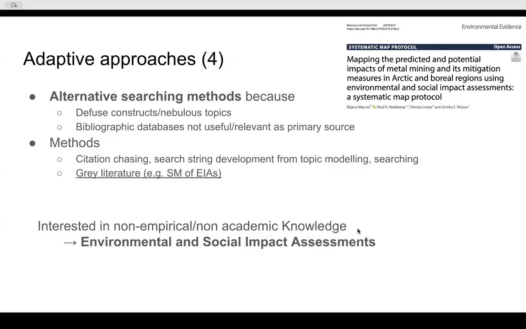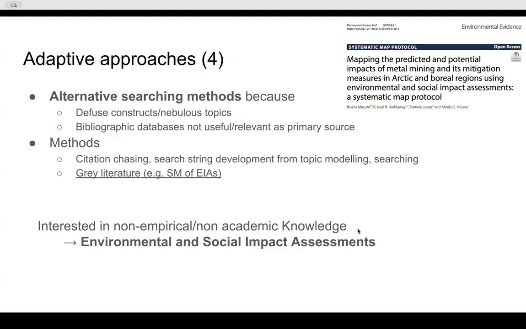The other example of this kind of adaptive approach is one I've given before, I think, but where we were looking at the impacts of metal mining in the Arctic. And we planned a systematic map of environmental and social impact assessments. This was evidence that was documented in a similar way to academic literature, but in a completely different domain.